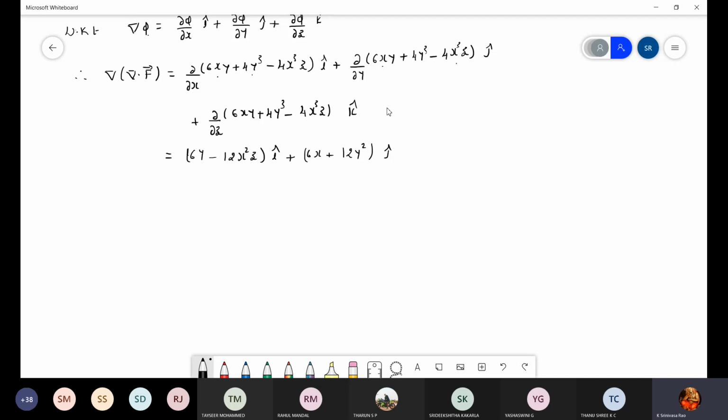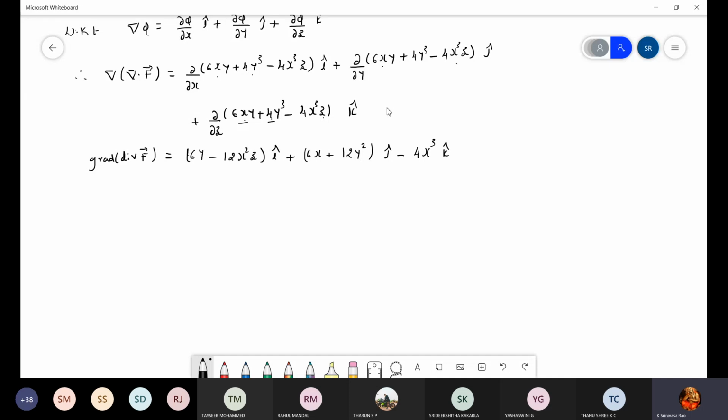Finally, plus with respect to z: the first term is 0 and the second term is 0, so you will get minus, because differentiation of z is 1, so 4x cube, k cap. Correct? So this is, according to our question, grad of div f.